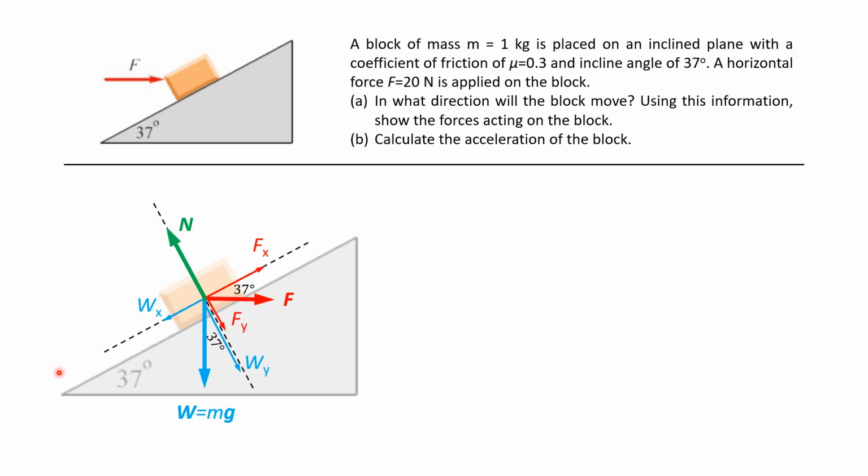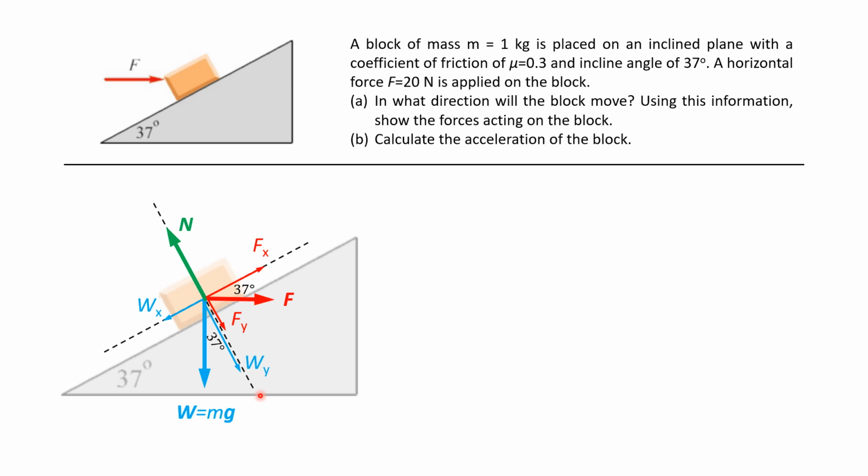I'm going to call the direction along the plane of this inclined surface my x direction, and the direction that's perpendicular to this my y direction. What am I going to do first?